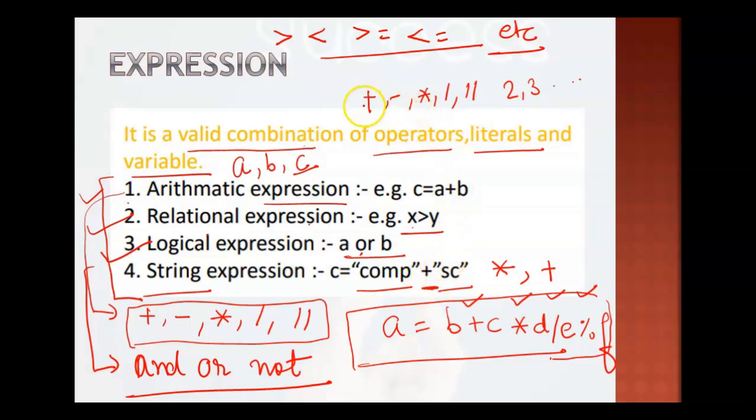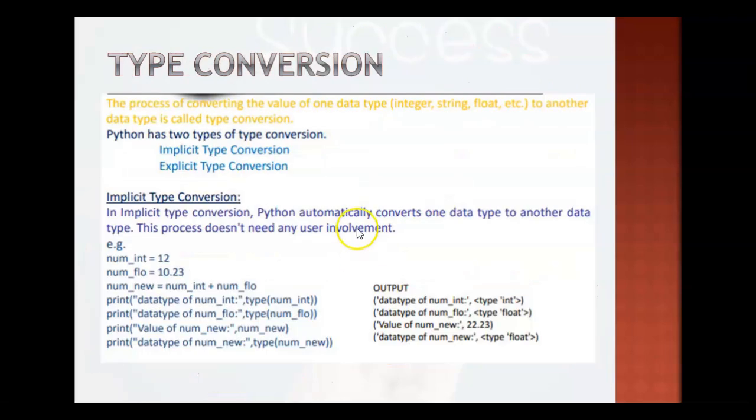Plus, if you are using it with numeric values, is considered an arithmetic operator. Here we have a string, another is also a string, and we are joining the strings. Concatenation is used for joining the strings and storing the result into another variable C. This is called a string expression, because in this example we are using the string operator. So this is all about expressions.